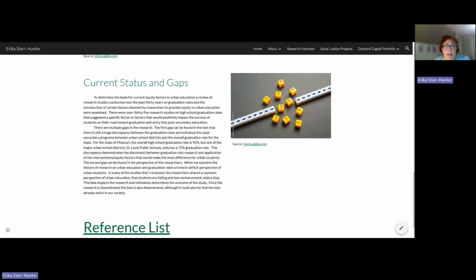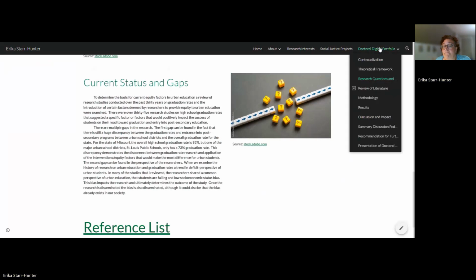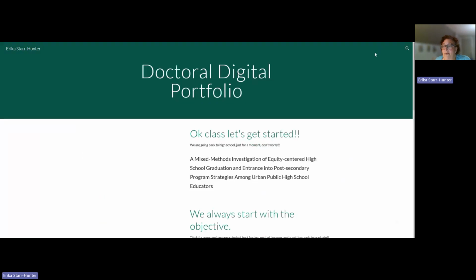There is a gap in the equity in the two systems. And I believe that the bias of previous researchers has impacted that gap, because their factors have not led to increased graduation rates.